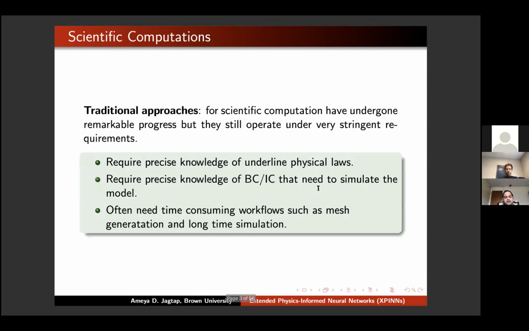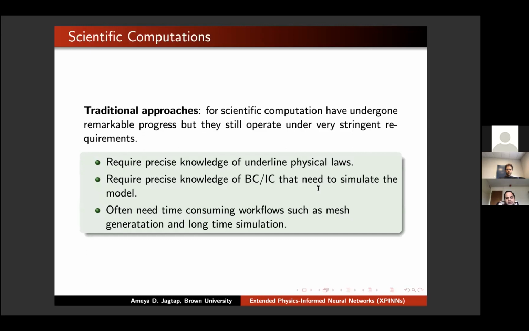First we'll discuss the traditional approaches which we are using for scientific computation. These approaches have undergone remarkable progress, but they still operate under very stringent requirements. More often or less, they require precise knowledge of the underlying physical laws.